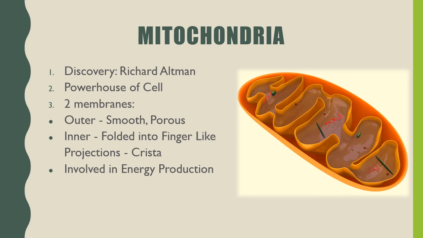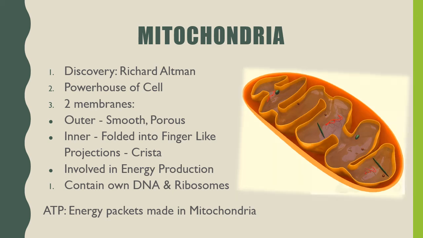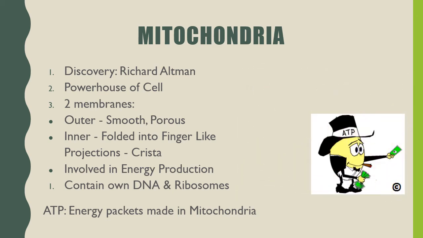Like a cell, it can divide to form new mitochondria and it can make its own proteins too. What else mitochondria does? Of course, it makes energy. This energy is made in form of small packets known as ATP. Can you find out what ATP stands for?